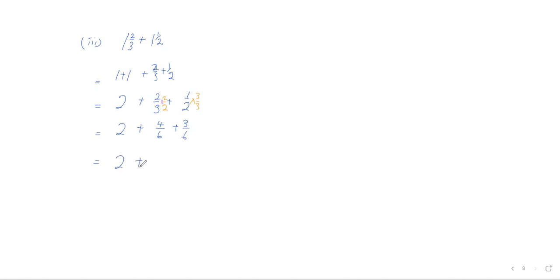That gives us a 2, 4 plus 3. That gives us a 2, 7 over 6. Take our 2 along. 6 into 7 ones, remainder 1 over 6. That is basically 3 plus 1 over 6.